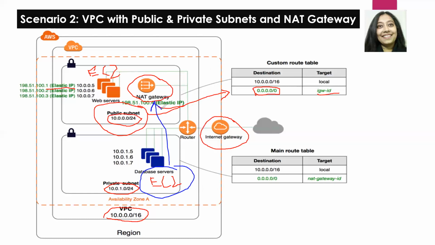In order to test that, we need to do a couple of things. First, we need to modify the route table and ensure that any non-local traffic, the quad-zero IP address in this case, is directed to the NAT gateway.